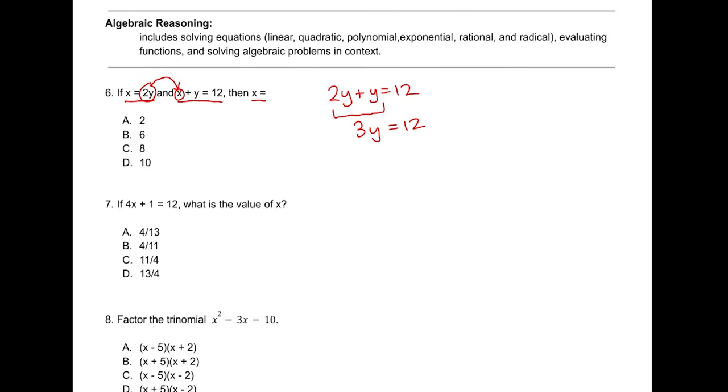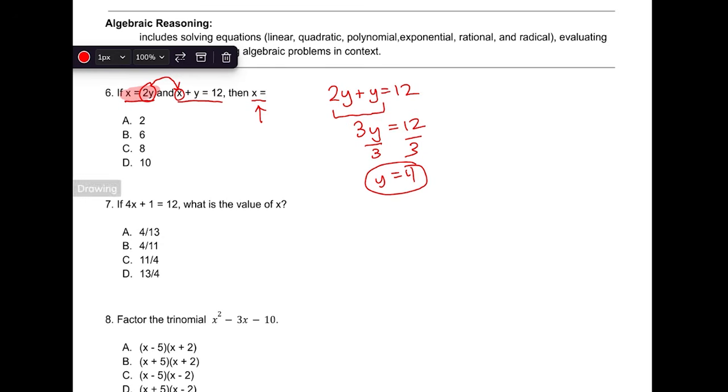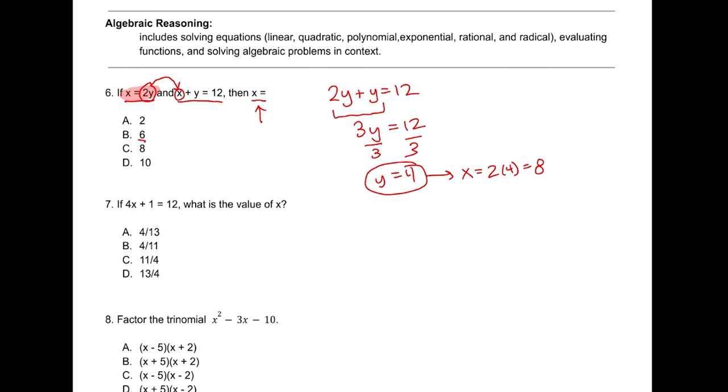And then dividing both sides by 3 will give me y equals 4. So this is what y is, but they're asking for x. So if x is 2 times y, then if y is 4, x would be 8. So the answer is C.